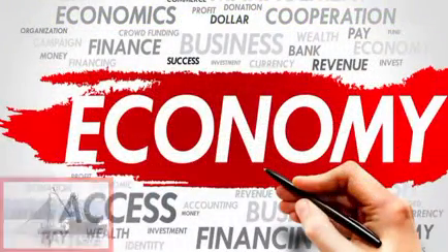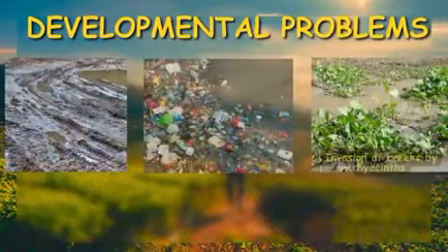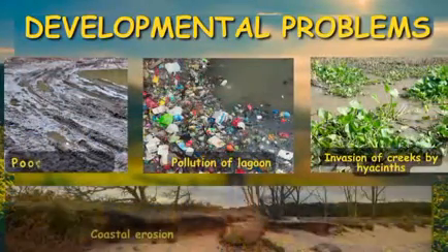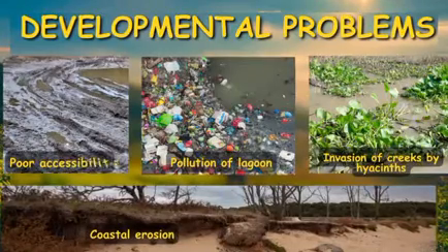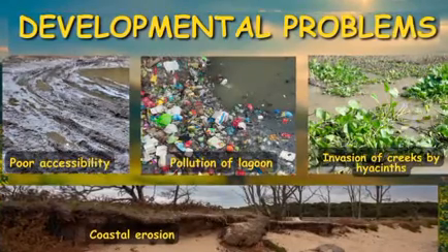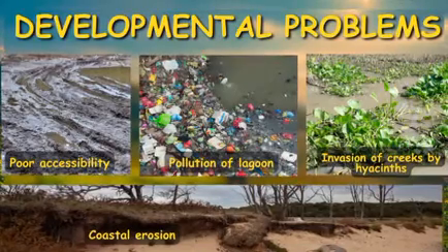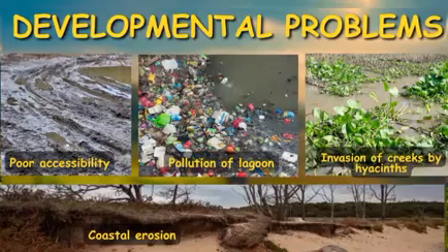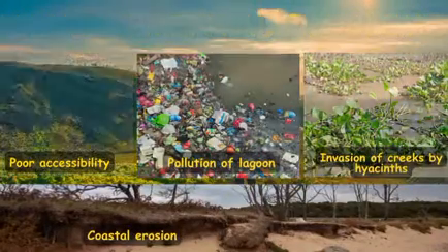Here we can see that developmental problems include poor accessibility due to the poorly drained swampy environment, and pollution of lagoons and the blockage of waterways and fishing grounds by water hyacinth, which can also lead to extensive coastal erosion.